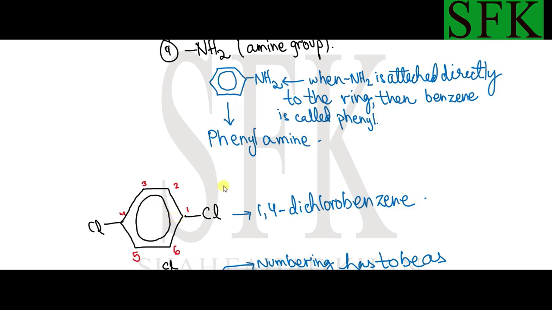The name becomes 1,4, showing both the positions of the two substituents that are attached, then a dash, because we separate the numbers from the letters. After the dash we use the prefix di because there are two chloro groups, dichloro, and then benzene stays as benzene. So 1,4-dichlorobenzene. These are the two substituents which are attached to the benzene ring.